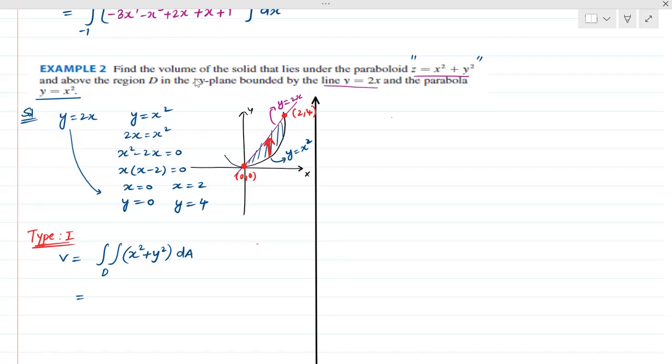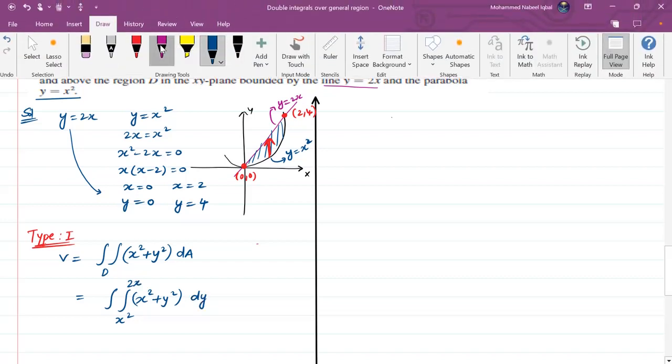So what is dA here? Double integral of x square plus y square. So I will take y equal to what? Y equal x square to y equal 2x. And this is the limit of y. And what about the outer limit? What is the outer limit? This is the outer limit. What is this line?